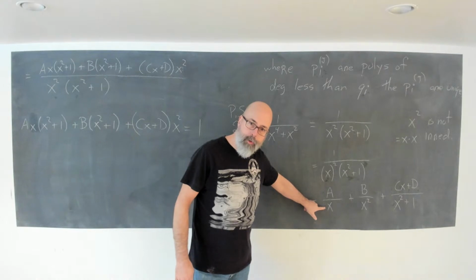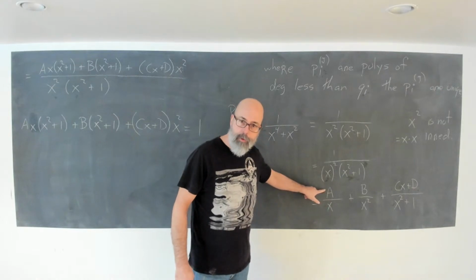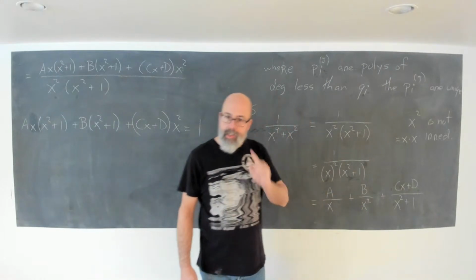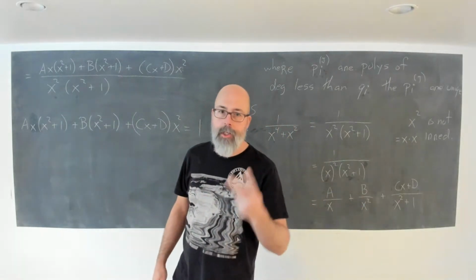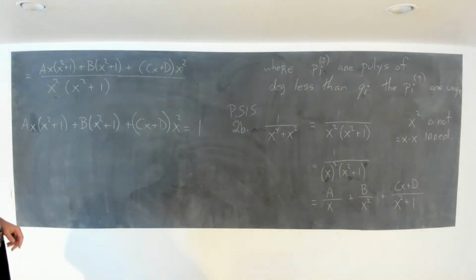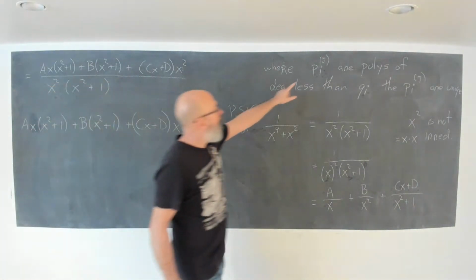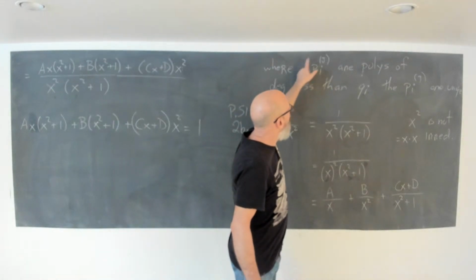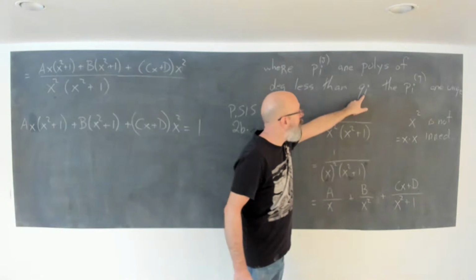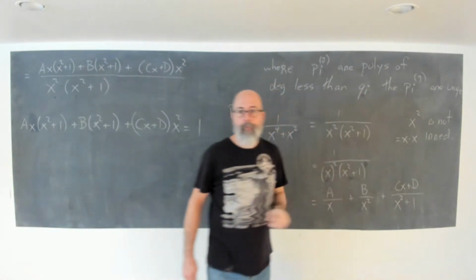Irreducible of degree 1, polynomial of degree 0. The irreducible here is still degree 1. It's still x. It's just that you have 2 of them. Here, the degree of Pij does not depend on j. It just depends on the irreducible.